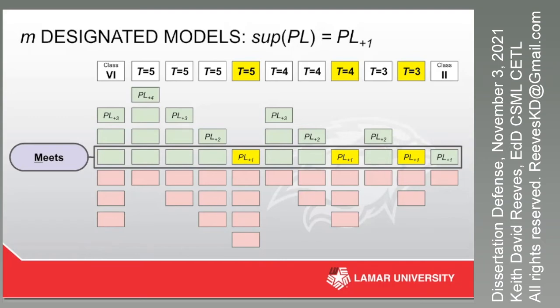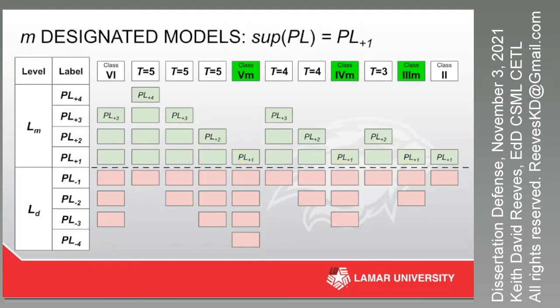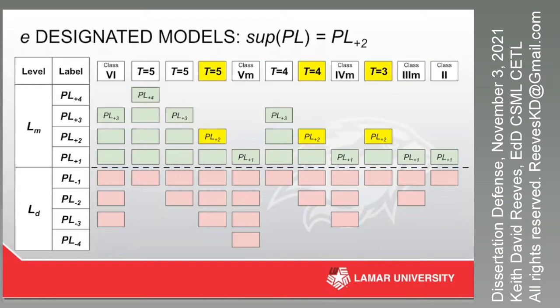Because PL plus 1 generally describes the meets the standard, the first level above the line of demarcation. Because meets is such common language for this level, as I saw in the literature, we'll use the first letter of meets as our designation. As we did with 2 and 6, we'll start with T, but then we'll add the designation lowercase m. That makes these 3 classes 5m, 4m, and 3m.